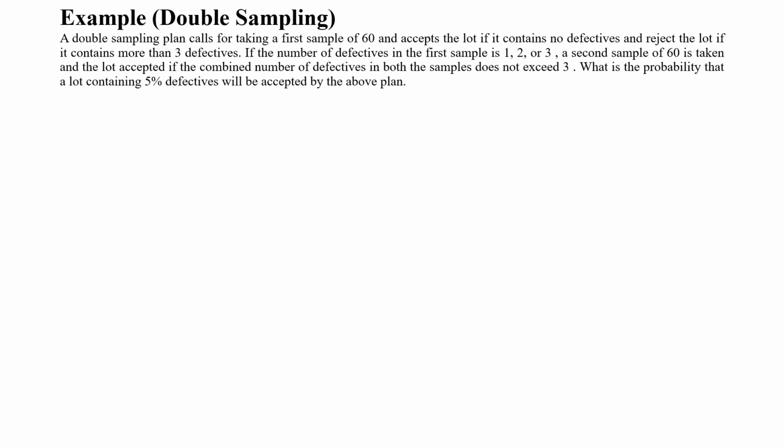Then they also relax the threshold a little. If the number of defectives is more than 3, they will reject it. So if the number of defectives in the first sample is 1, 2 or 3, then it's okay. But if it is greater than 3, then they will reject the lot.